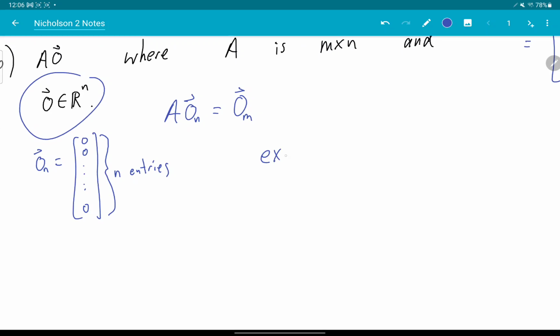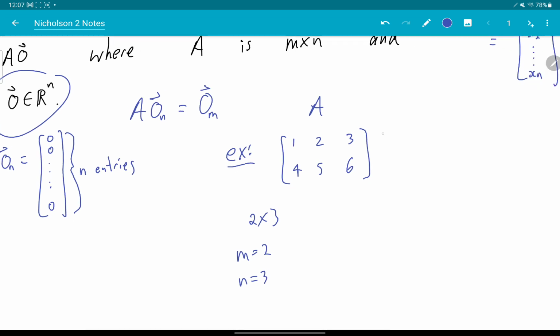For example, if this were A here, 1, 2, 3, 4, 5, 6, this is a 2 by 3 matrix. So m is 2, n is 3. If I multiply that by a zero vector, it's going to have 3 entries, right?